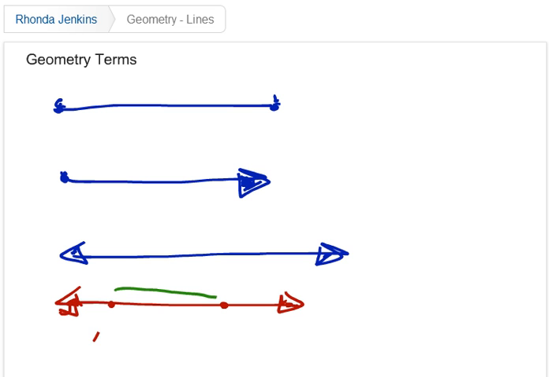I'm going to name it A and B. So my two endpoints are A and B. If I were to write this, it would be AB like this, or I could even write line AB.